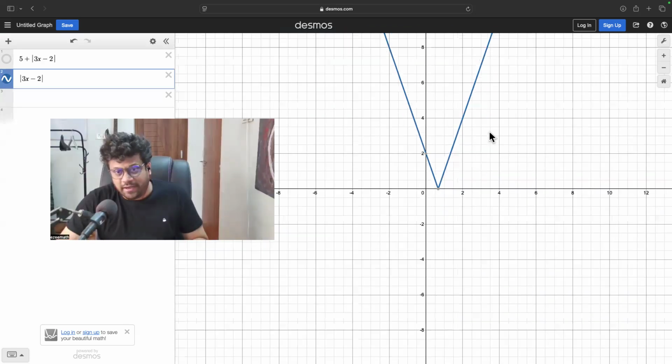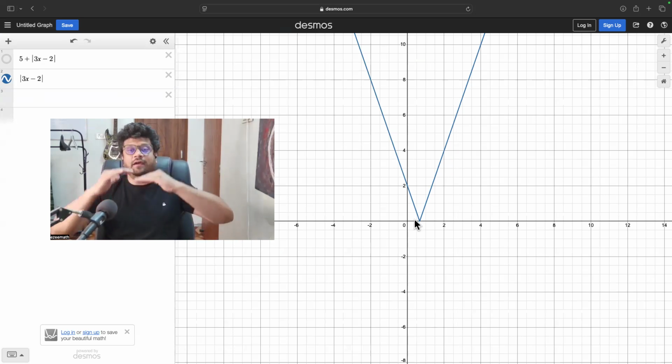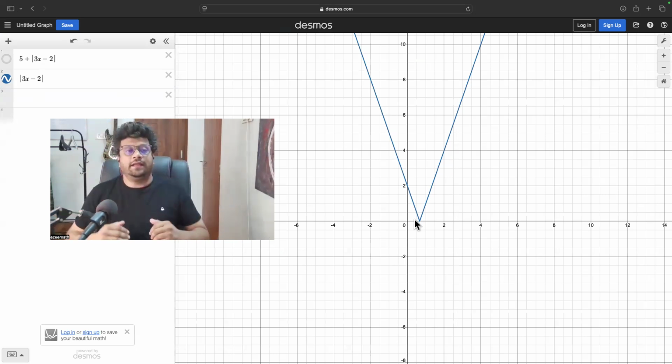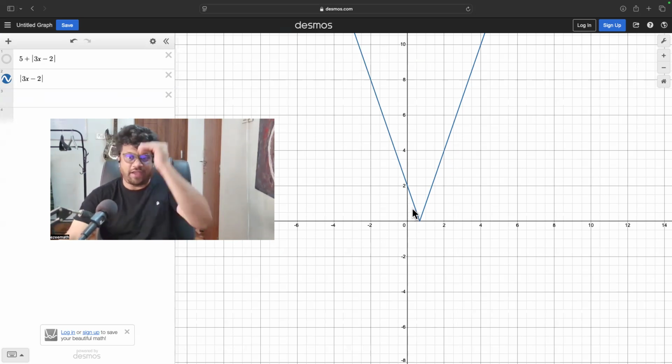This is what you should get if you sketch the mod of this linear function. After that, I would like you to shift this entire thing 5 units up. And that is what 5 plus mod of 3x minus 2 would look like on a grid.